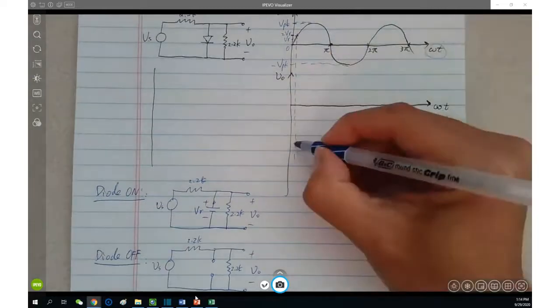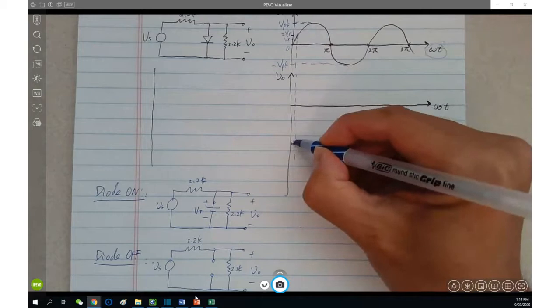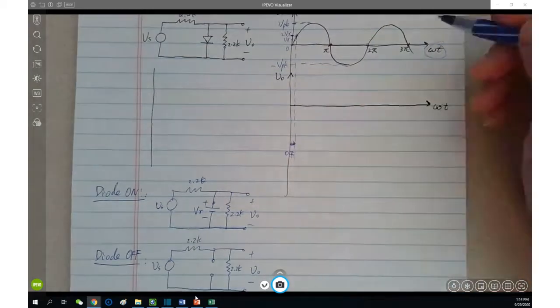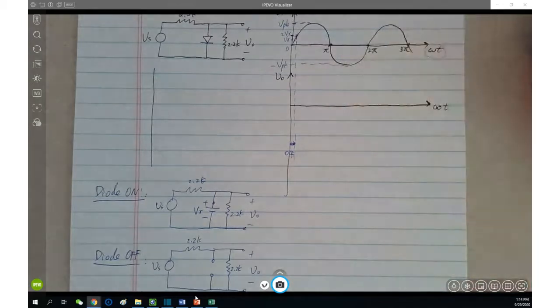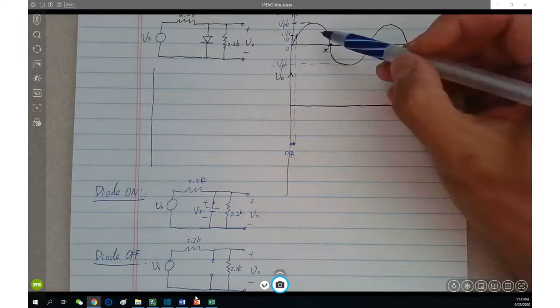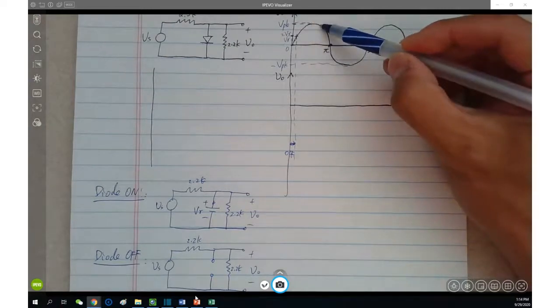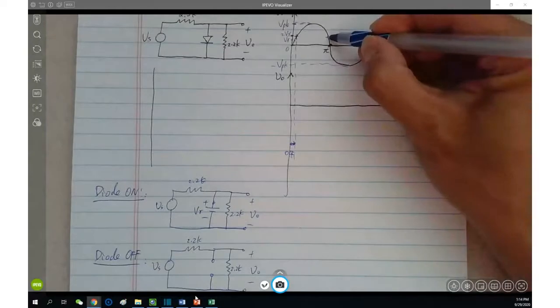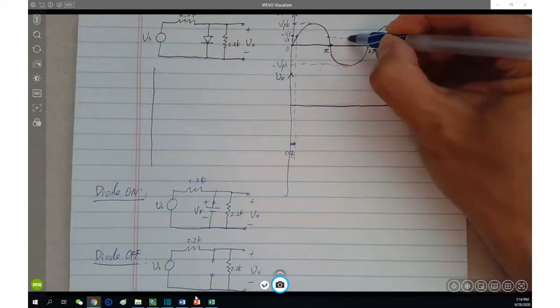In other words, before that, within this time window, the diode is off, absolutely off. Once you reach here, the diode is turned on. And then when is it going to be turned off? Once again, at double V gamma.